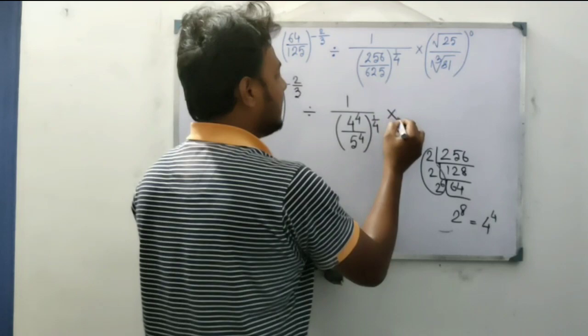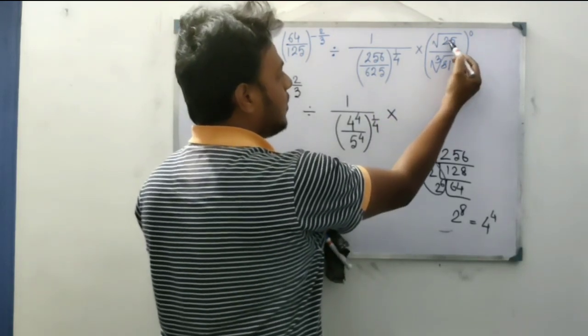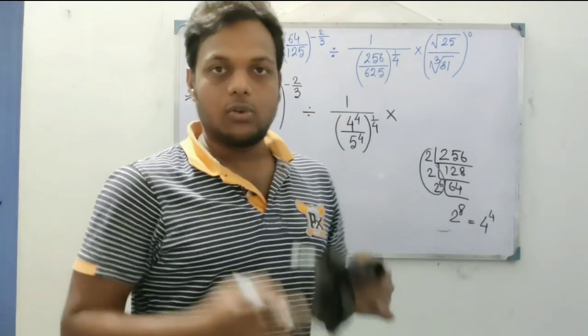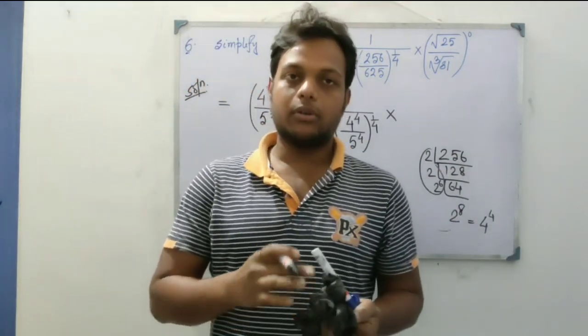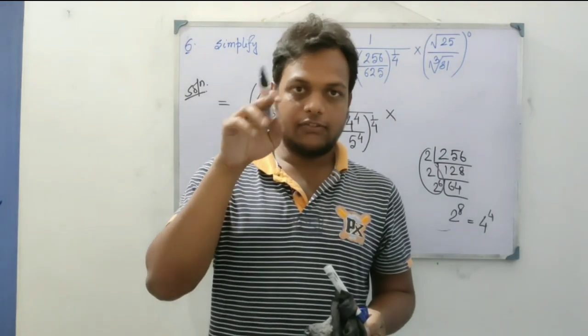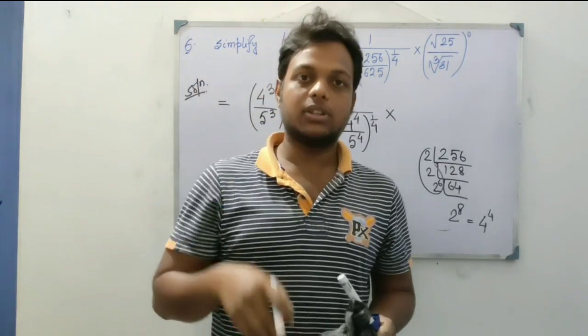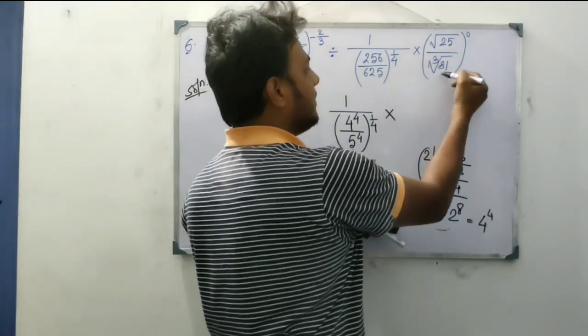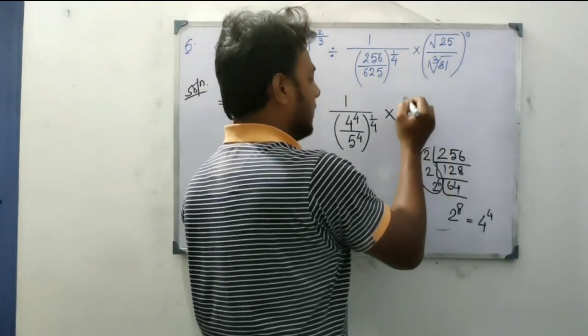And one important thing, see here, square root of 25 by cube root of 81, whole power is 0. I told you in my last video that if a number has power 0, then the value will come 1. So whatever is there, the value will come 1.